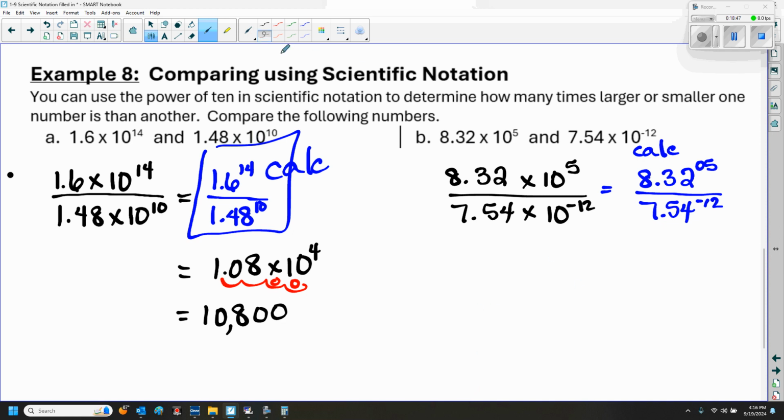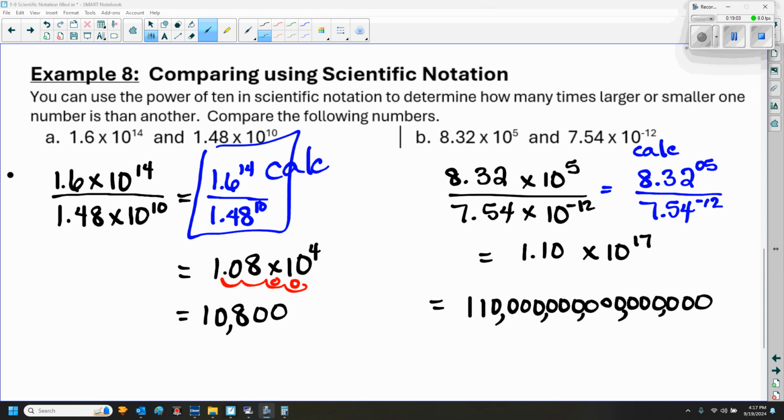Oh my gosh, that is a gigantic number. So this is going to be 1.10, see we have 3 significant digits, times 10 to the 17th. That's a gigantic number. So this larger number is that many times bigger than the smaller number.